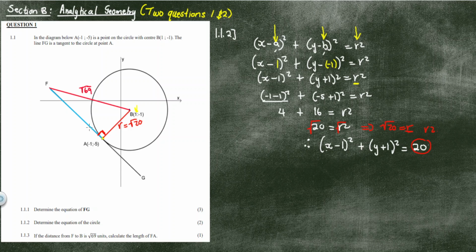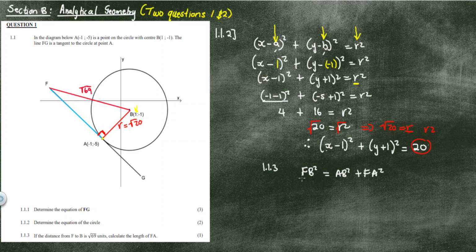Now I have to calculate the blue side. So we use the Pythagoras theorem to calculate FA. So FB, which is the hypotenuse, squared is equal to AB squared plus FA squared.